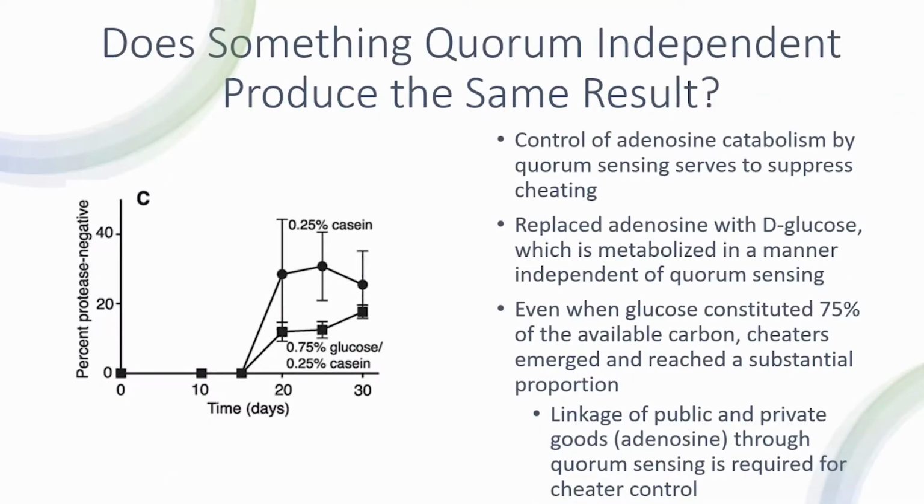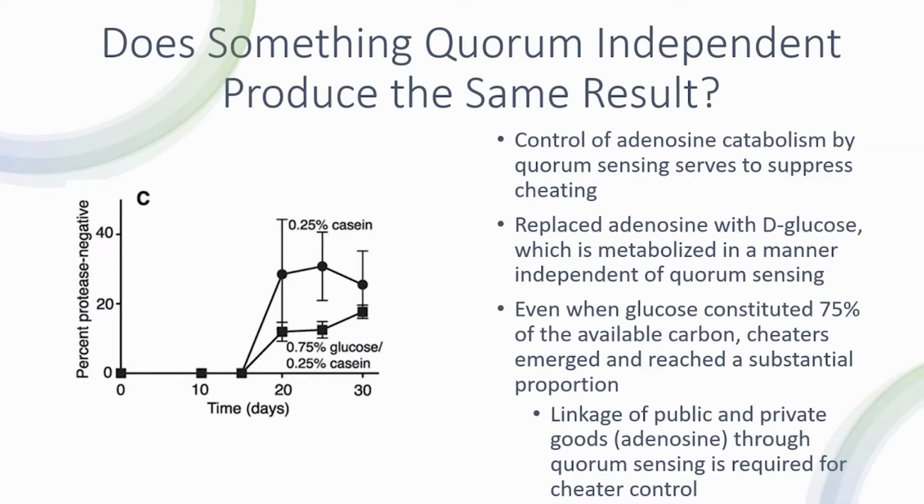So the last test is really interesting to me because it explores this idea that maybe something quorum independent produces the same result. So we know that adenosine is quorum sensing related. Adenosine metabolism is controlled by quorum sensing, and therefore it serves to suppress cheating.